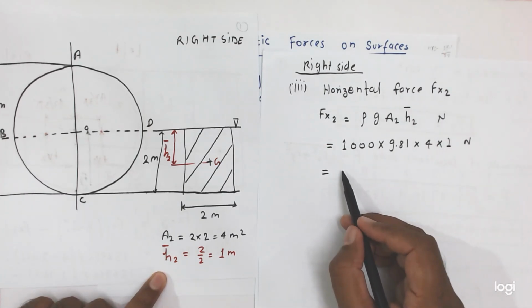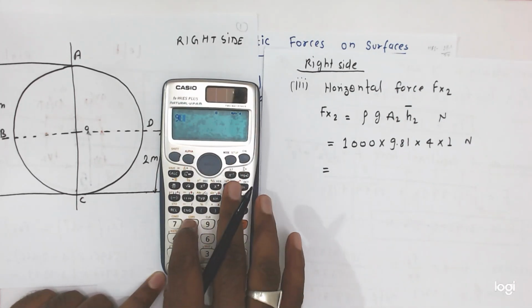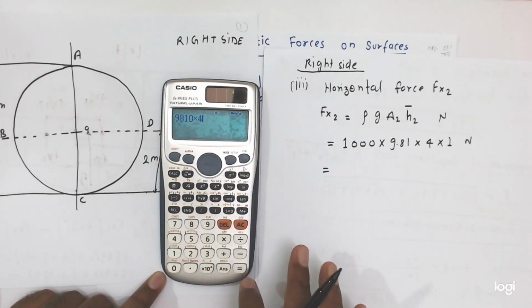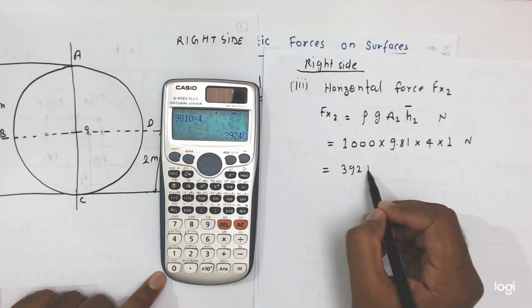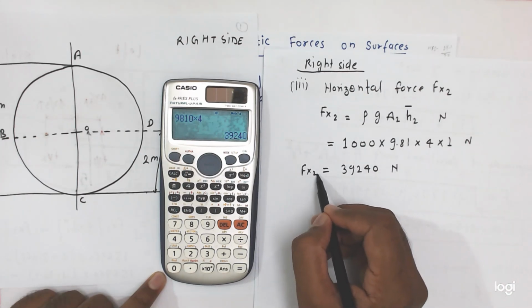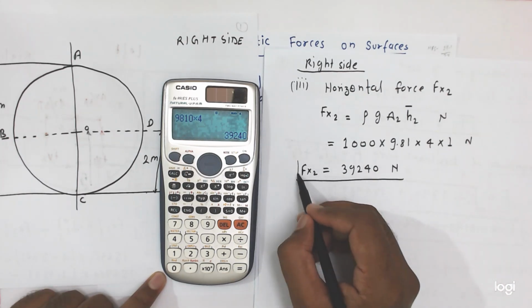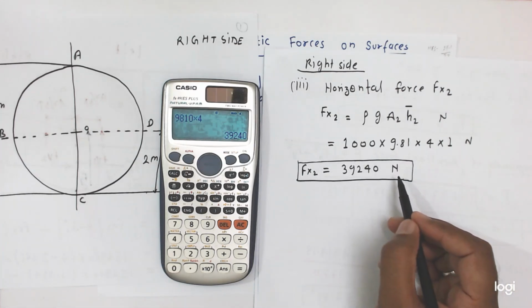It will come around 9810 into 4. 9810 into 4 equal to 39240 Newton. So Fx2 value has been calculated, means horizontal component of force in the right side, this much value will come.